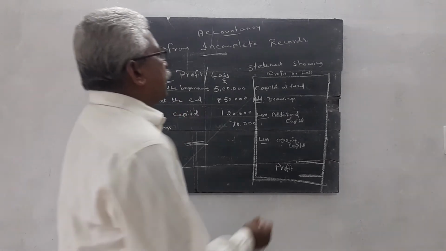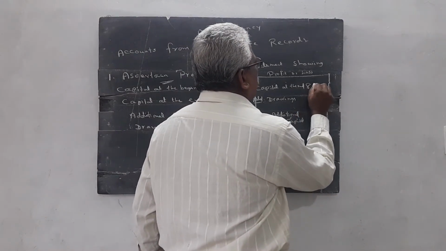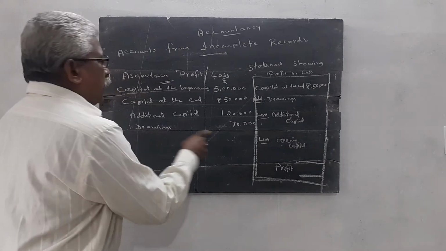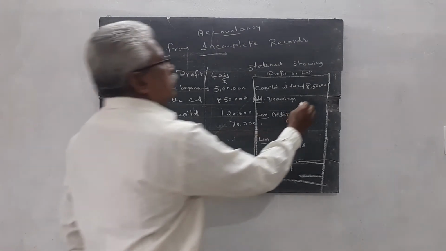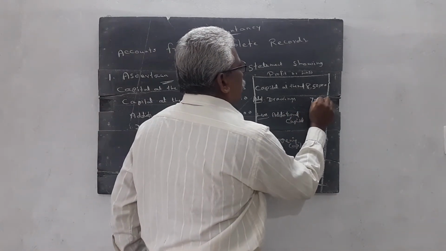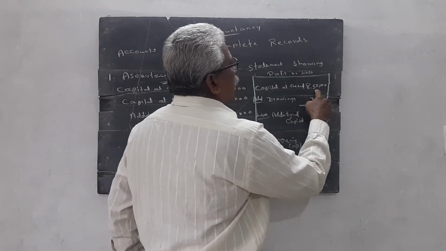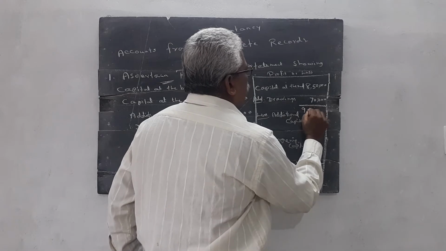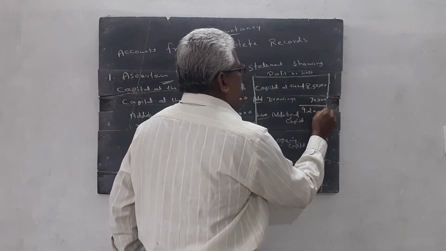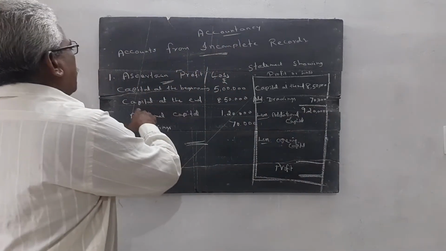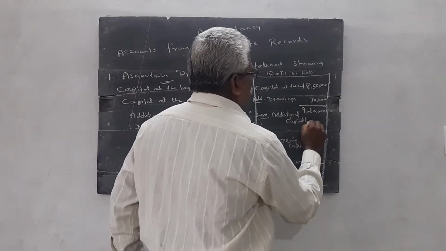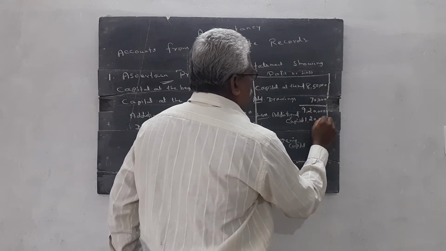So, capital at the end is 8,50,000. Add drawings 70,000. So 8,50,000 plus 70,000 is equal to 9,20,000. Less additional capital. Additional capital is 1,20,000.